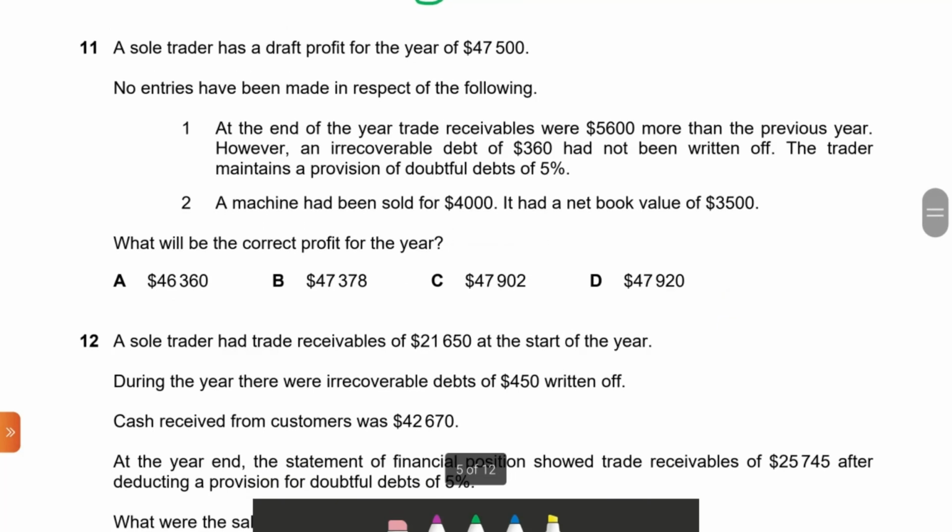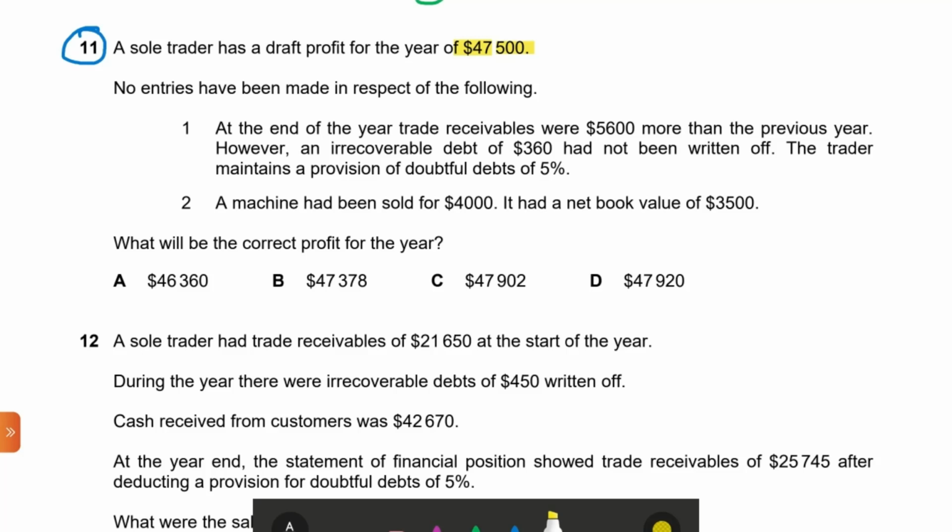Next, question number 11. A sole trader has a draft profit for the year of 47,500. 47,500 is the draft profit. No entry has been made in respect of the following.